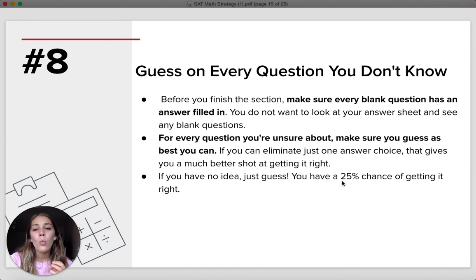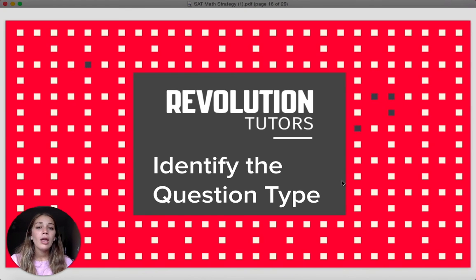Even if you eliminate one answer choice, that will give you a much better shot at getting it right. If you have absolutely no idea what the right answer is, you still have a 25% chance of getting it right on a multiple choice. So it's super important that you do not leave anything blank. When you're handing in your test, when time is about to be called, give a quick glance over and make sure every bubble is filled in.